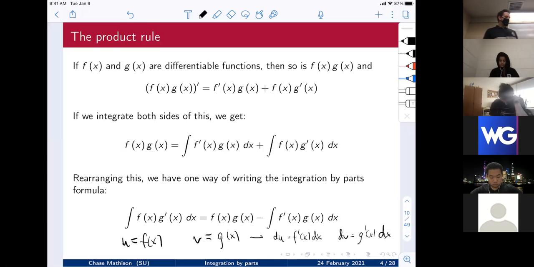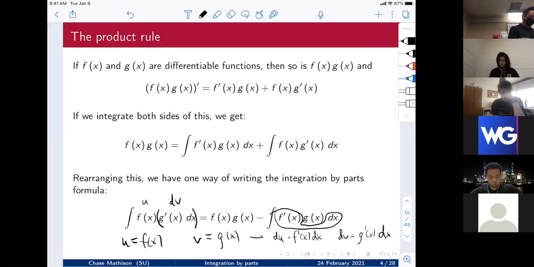And so notice that if I put some parentheses around certain things, this is the integral of u, and g prime of x dx is dv.